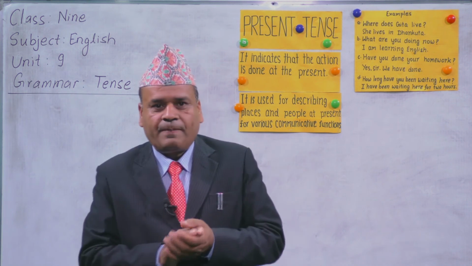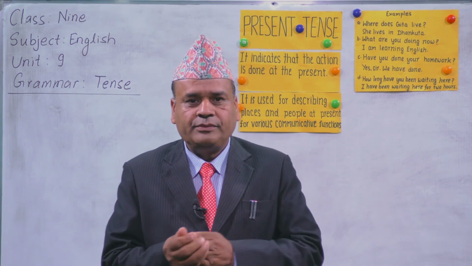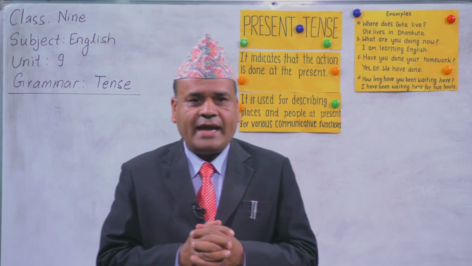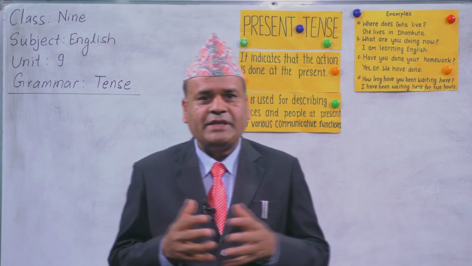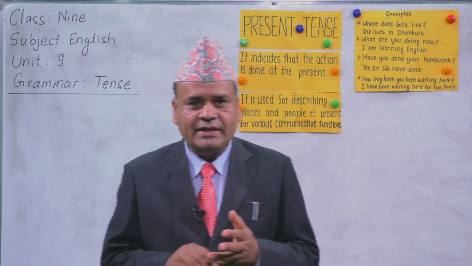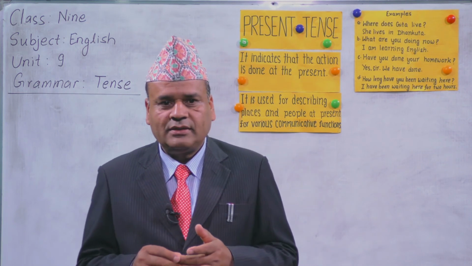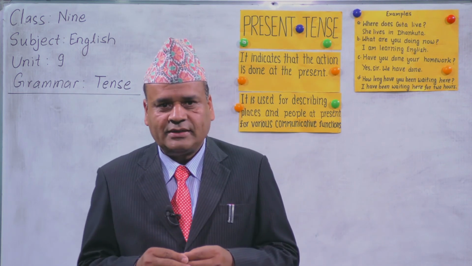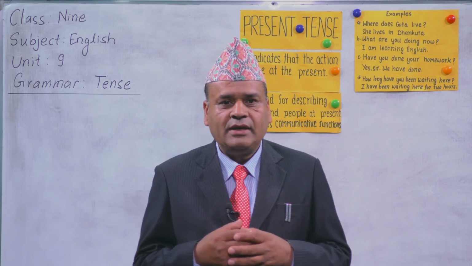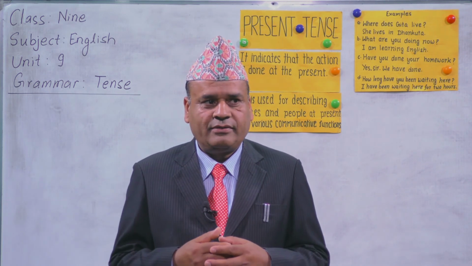Okay, so dear students, I hope today you got the idea about present tense. 4 branches of present tense: simple present, present continuous, present perfect, and present perfect continuous. And I hope you got the usage of this tense in different situations, right?